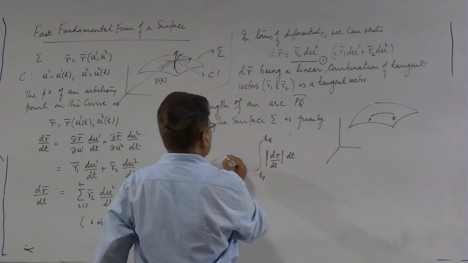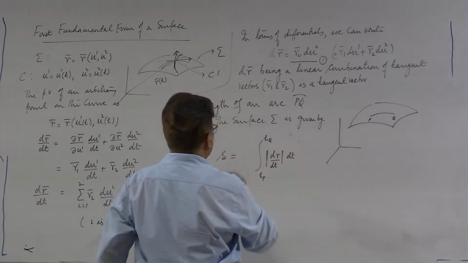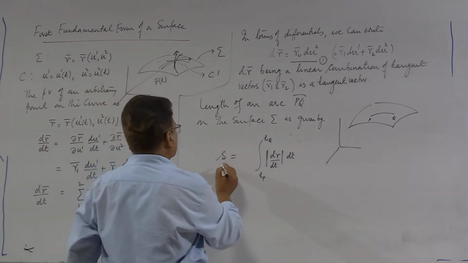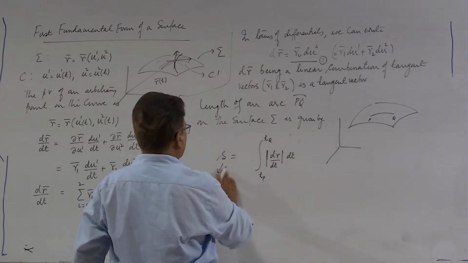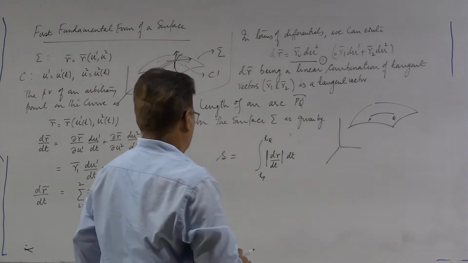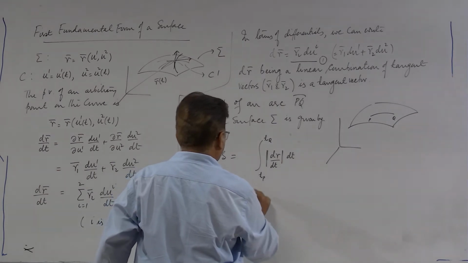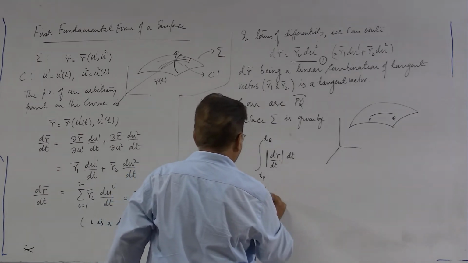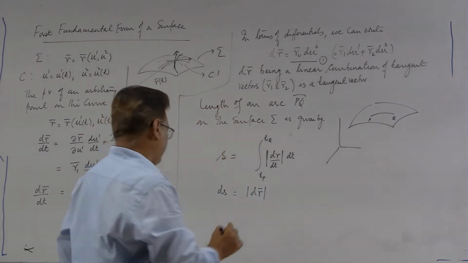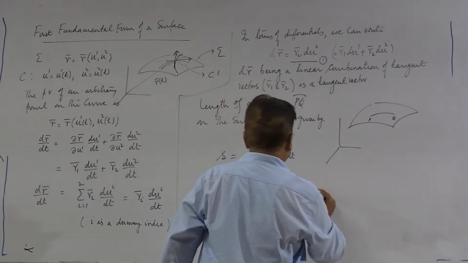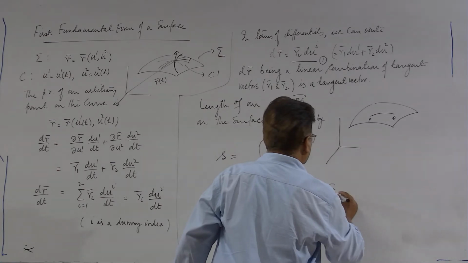This is the length S of the arc from P to Q. So if I differentiate both sides, it will be modulus of dr, and if I square both sides, it will become ds square equal to dr dot dr.